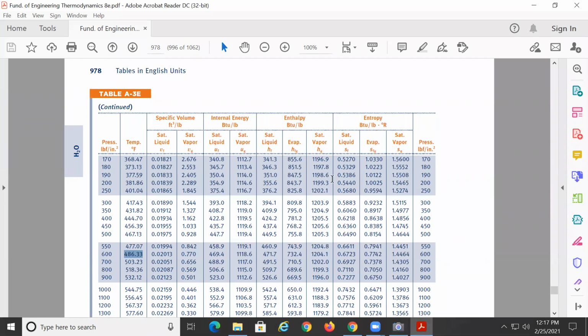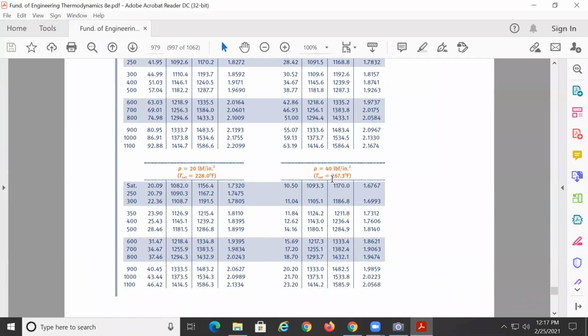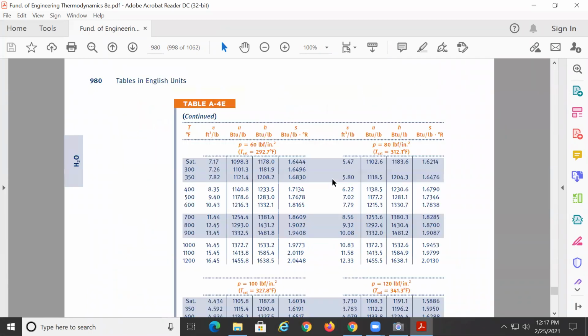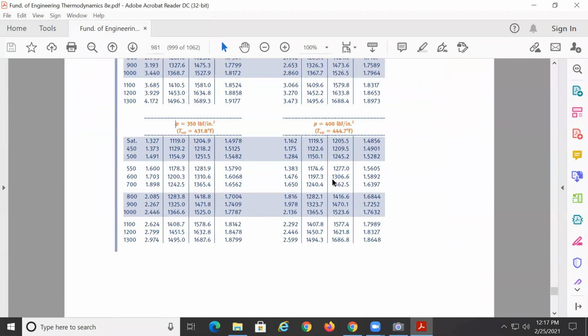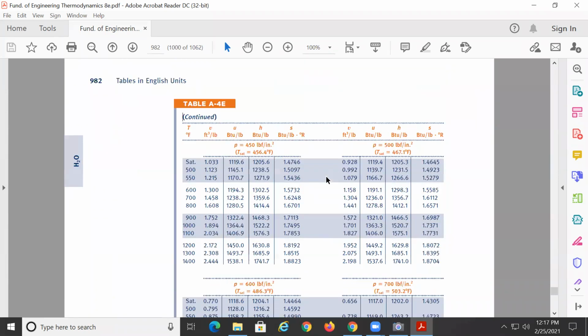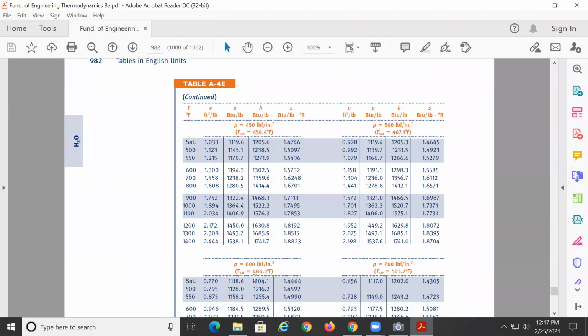So here we go, A3, page down, A4, 600 and temperature 500. It's the first one here, so we'll have 1216.2.